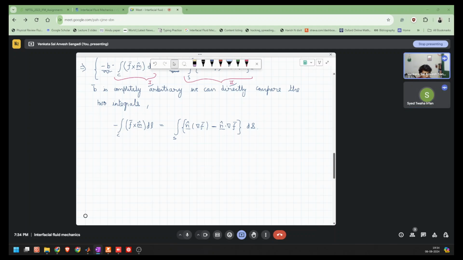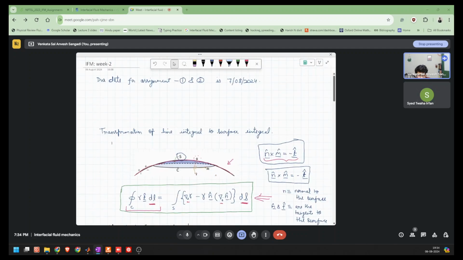Okay, actually, I was just going over a derivation. The assignments for week 1 and week 2 are due tomorrow, so I can't go over the solutions for that. So, I was just going over a particular derivation.